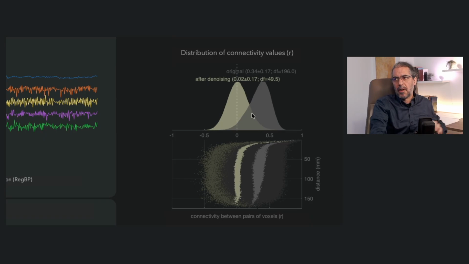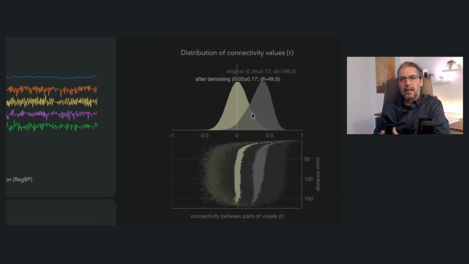If you recall, these functional connectivity distributions represent the distribution of functional connectivity values, of correlations between pairs of voxels across the whole brain. So that we compute 1 million connections across the whole brain. We plot the histogram or the distribution of those connectivity values, and this is what we represent. And we represent them before denoising here in gray, and then after denoising.